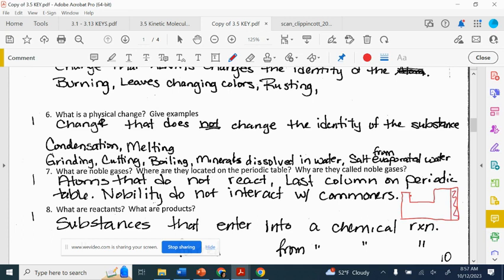And the reason why they're called noble gases is because they're not going to interact with other substances. They don't form compounds for the most part. Okay. There's a couple rare exceptions, and we talk about that in AP Chem. But as far as this course is concerned, just know that they don't interact with anything.